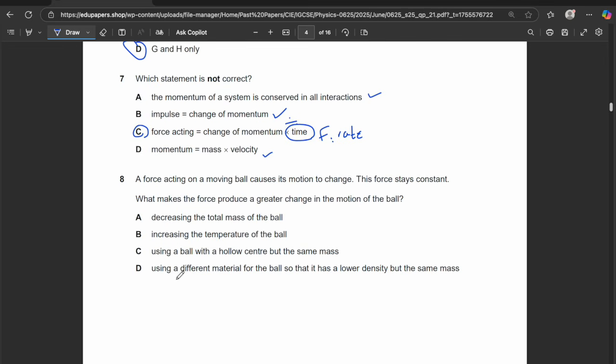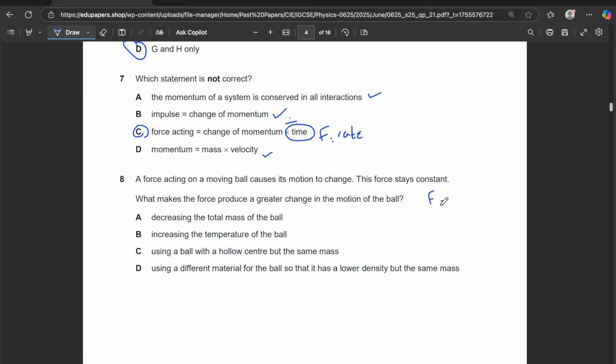8. A force acting on a moving ball causes its motion to change. This force stays constant. What makes the force produce a greater change in the motion of the ball? So the force is the resultant force, and that will stay constant.